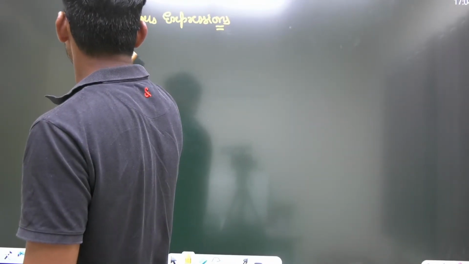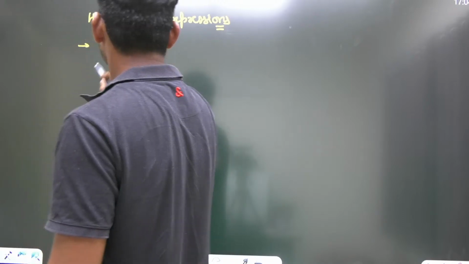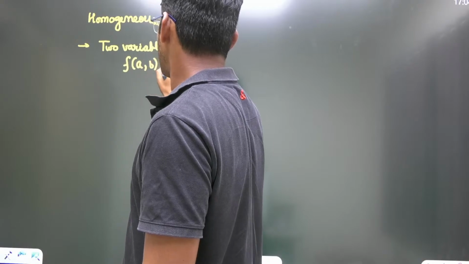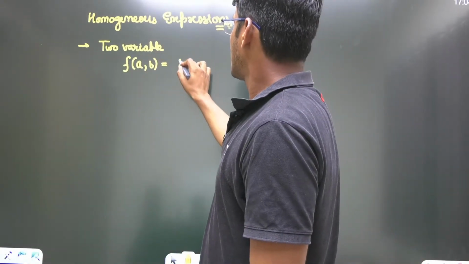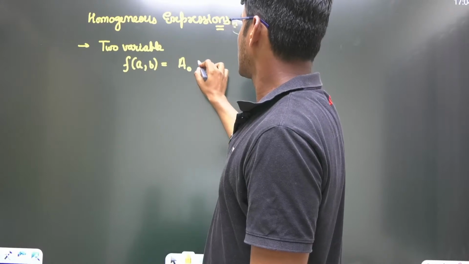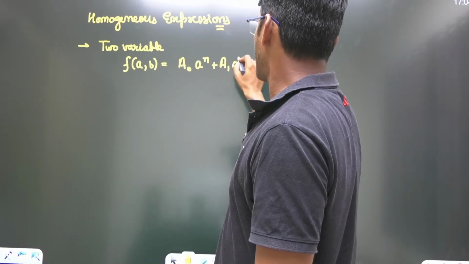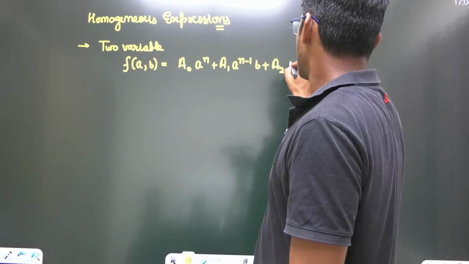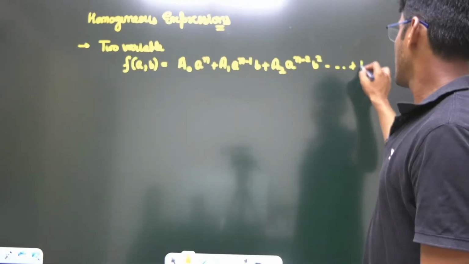First of all is two variables. So f of a comma b equals a naught a to the power n plus a1 a to the power n minus 1 b plus a2 a to the power n minus 2 b square, and so on, till an b to the power n.